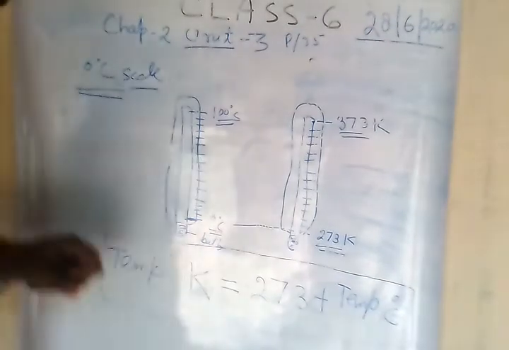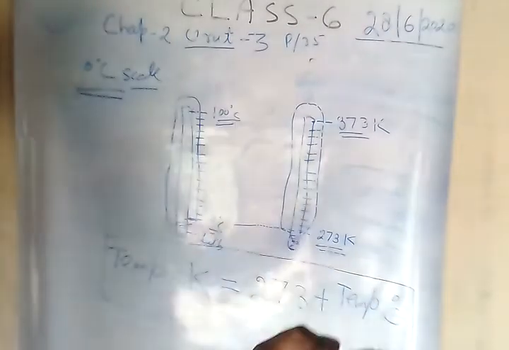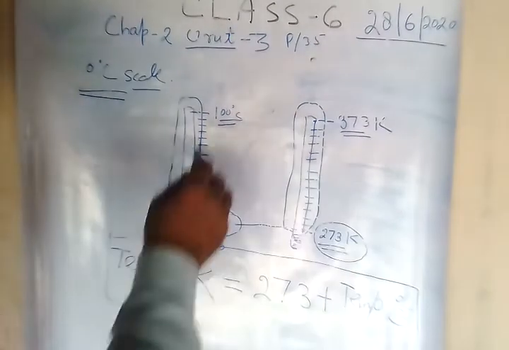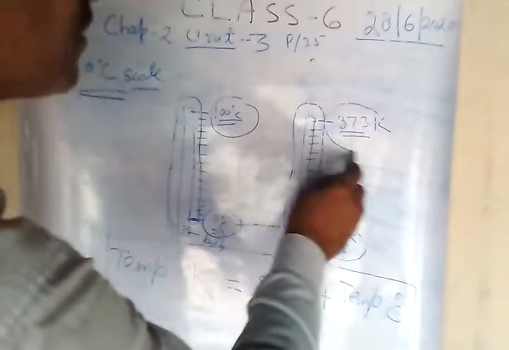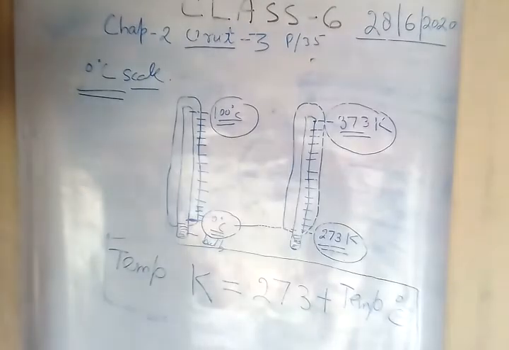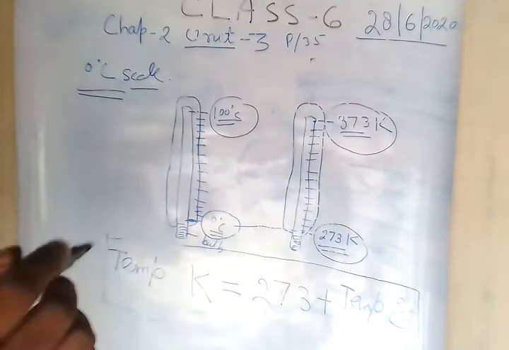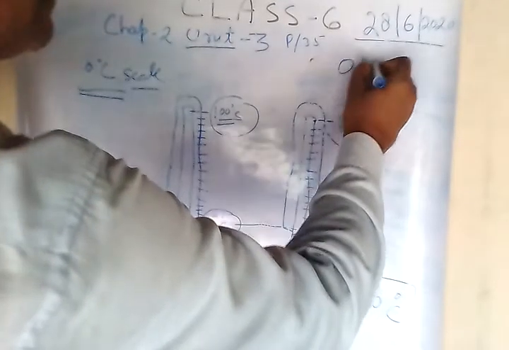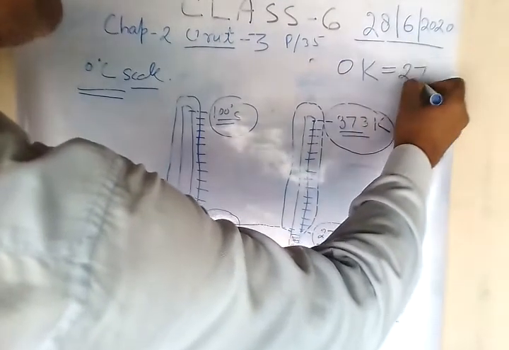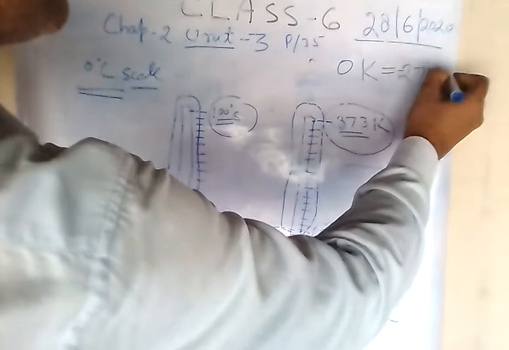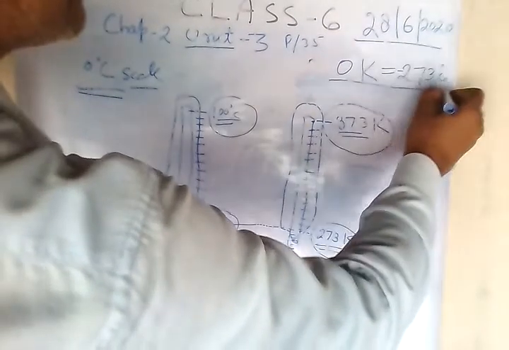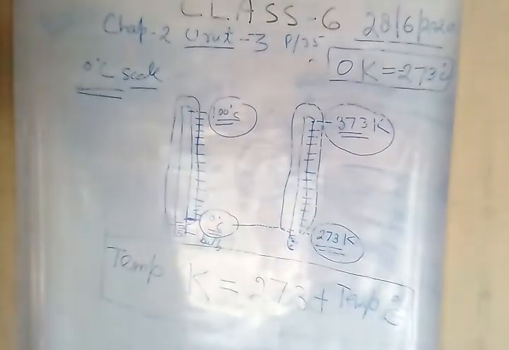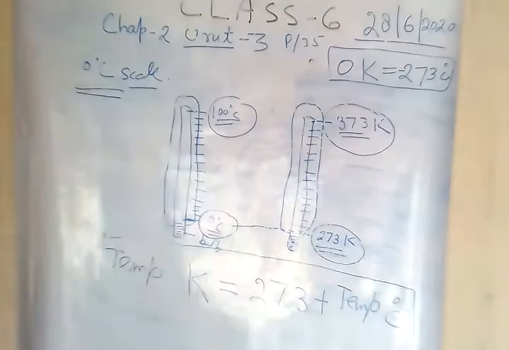One thing you should remember: 0 centigrade is equal to 273 Kelvin, 100 centigrade is equal to 373 Kelvin, and 0 Kelvin is equal to minus 273 degree Celsius.